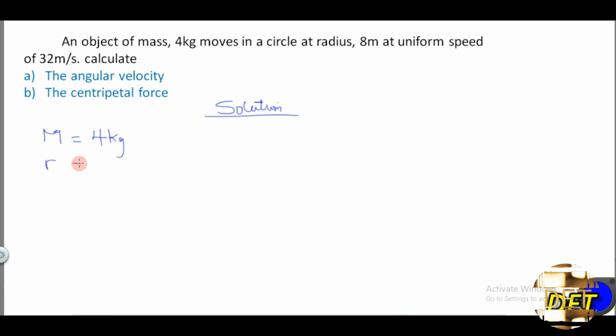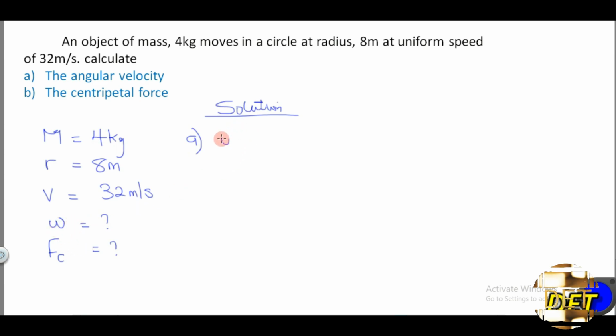So the radius of the circle is 8 meters at uniform speed of 32 meters per second. So that tells us that our velocity is what? 32 meters per second. Calculate the angular velocity. So we're asked to look for the angular velocity and also the centripetal force. So let's go with A.